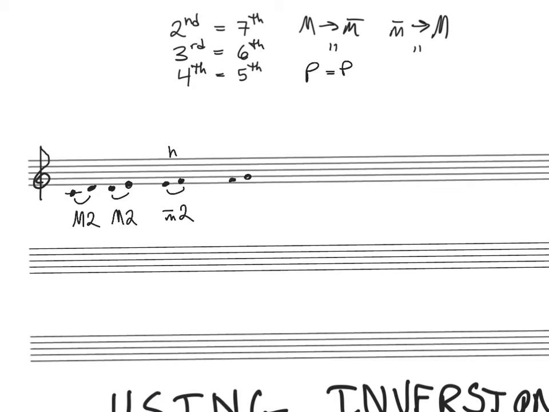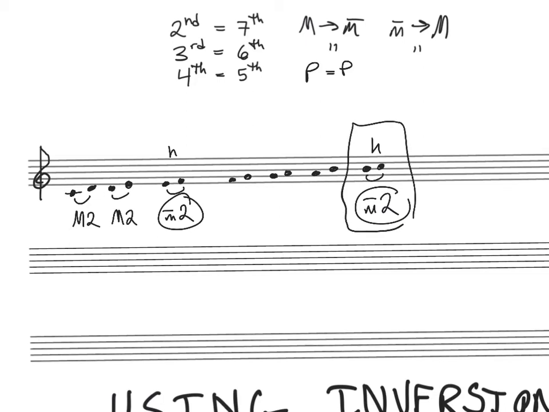Okay, F to G is a major second, G to A is a major second, A to B is still a major second, and B to C, that is our other half step in our natural interval, and that is going to be a minor second as well. So you just have 2 minor seconds to watch out for in terms of natural intervals, intervals with no accidentals, and that is between E and F and between B and C. Everything else is a major second.